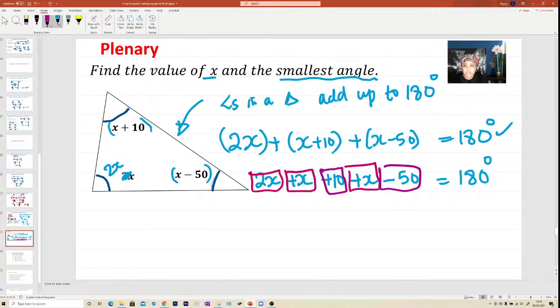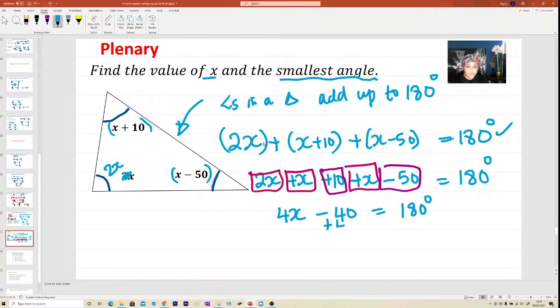Okay, remember to always take the signs. That's what I'm trying to show you. So 2x plus x is 3x, plus x is 4x. And then plus 10, take away 50, that's going to be take away 40 equals 180 degrees.